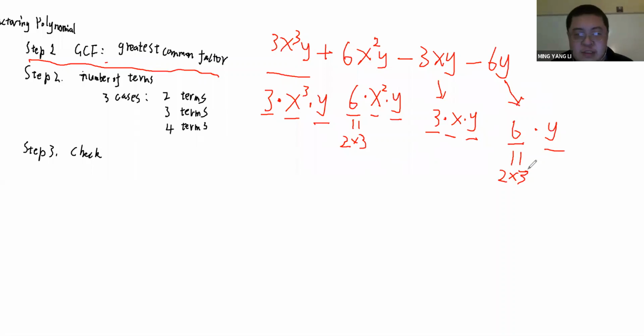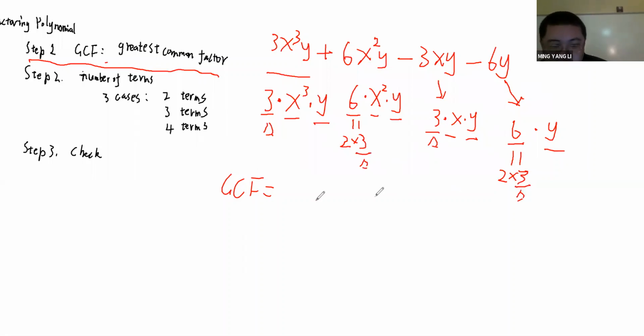So now for each term, we factor the number part and list all the variable parts. Now, what is the greatest common factor? First, let's check the number part. The first number part contains a 3, the second contains 3, the third has a 3, and the fourth also has a 3.